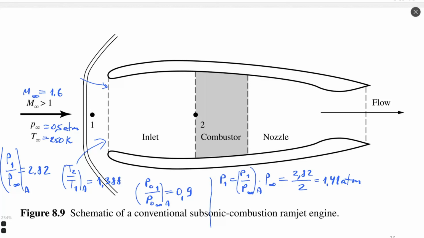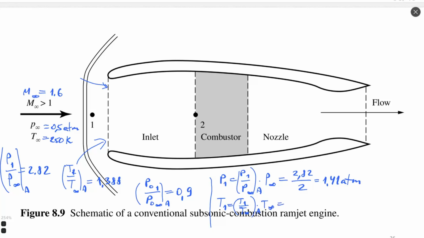Okay, and now temperature. We had 250 Kelvin. So temperature 1 would be temperature... Here I need to make some correction. This is 1, this is infinite. Temperature 1 divided by temperature infinite from appendix A multiplied by temperature infinite.